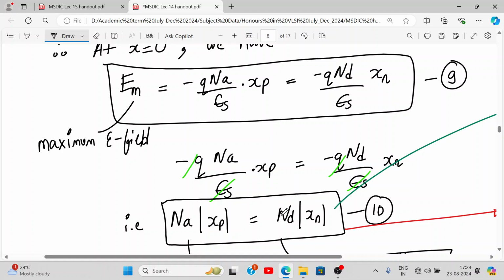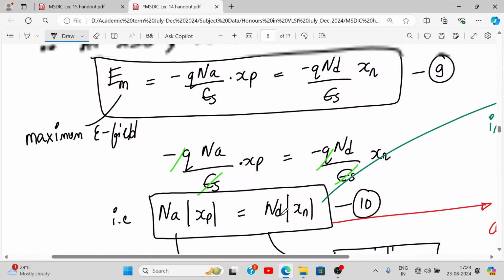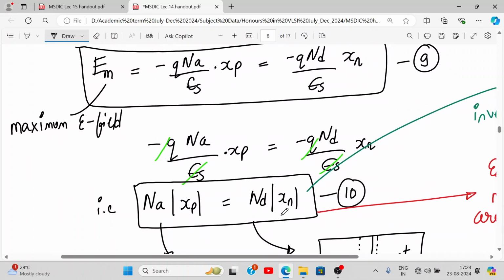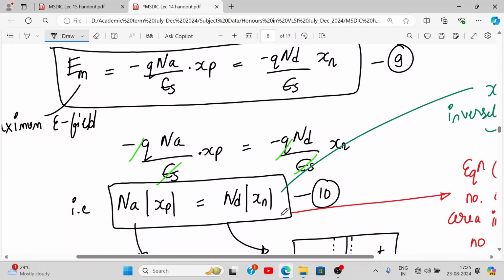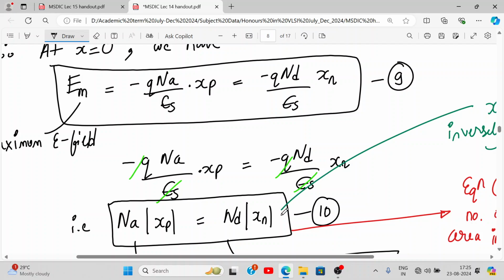And then after writing this, draw that doping profile and electric field. I'll show it to you. Completed?